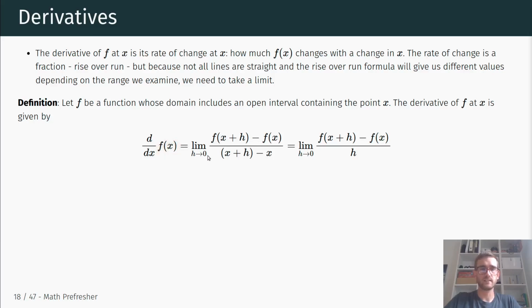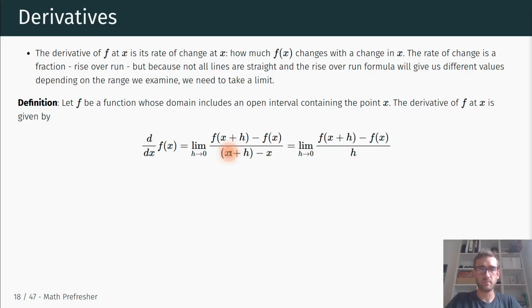This is defined as the limit of f of x plus h, so the function value at point x plus h, some additional step that we take, minus f of x. This is basically just the rate of change, how much f of x changes as we increase the input from x to x plus h, okay?